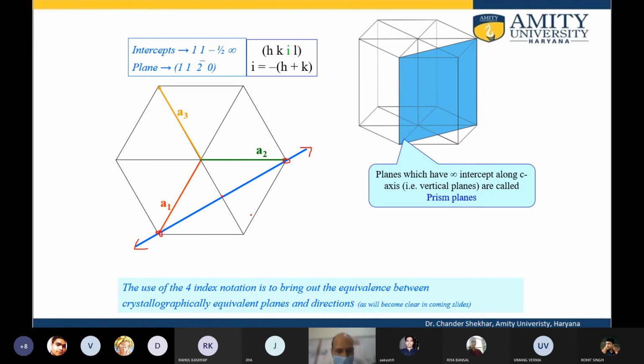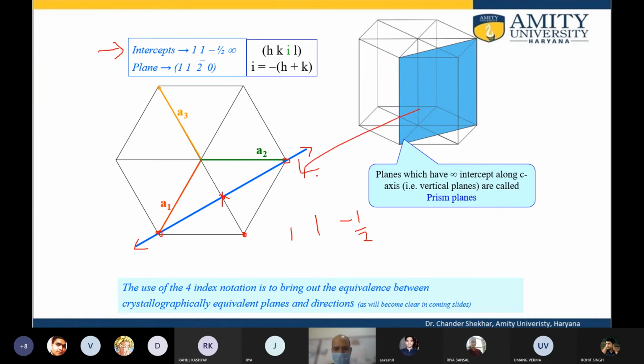So if we follow the same three steps to determine the Miller indices, the first step is to determine the intercepts. For A1 it is 1, for A2 it is 1, for A3 it is minus 1 by 2, minus in the reverse direction, and it is not at the 1 unit length but at the half unit length.